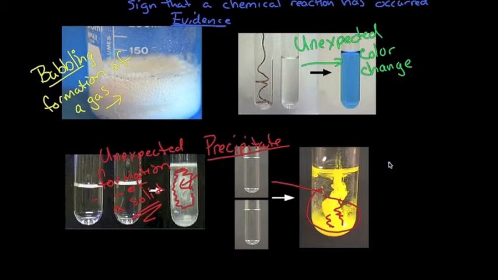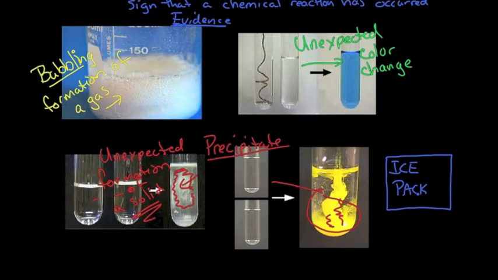A fourth indicator that we're going to discuss today that a chemical reaction has occurred would be an unexpected change in temperature. You may have seen this if you've ever seen somebody get hurt or been hurt yourself on a sports field or somewhere outside of a place where you have actual ice.